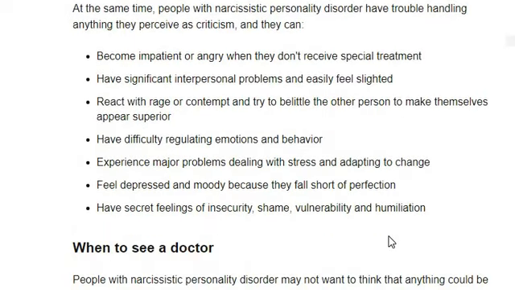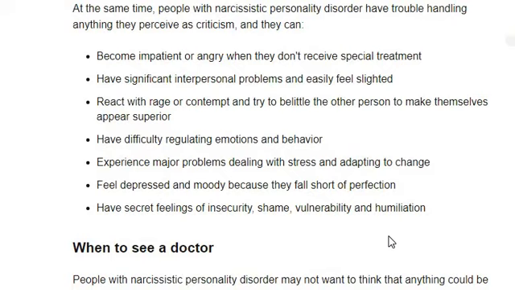It says that people with narcissistic personality disorder have trouble handling anything they perceive as criticism. They can become impatient or angry if they don't receive the special treatment that they think they deserve. They have significant interpersonal problems and easily feel slighted.